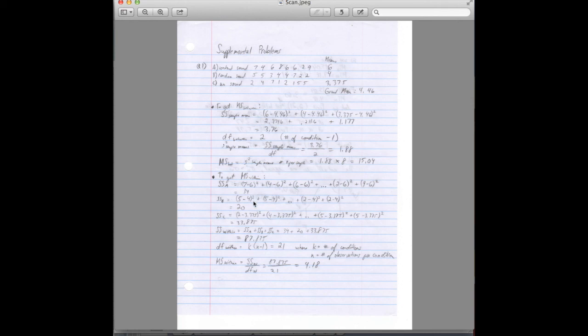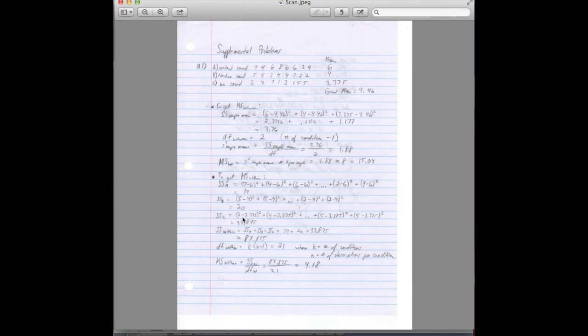Same thing with sums of square for condition B. You would do 5 minus condition B's mean, which was 4, so 5 minus 4 squared. Again, 5 minus 4 squared, etc., to get 20.